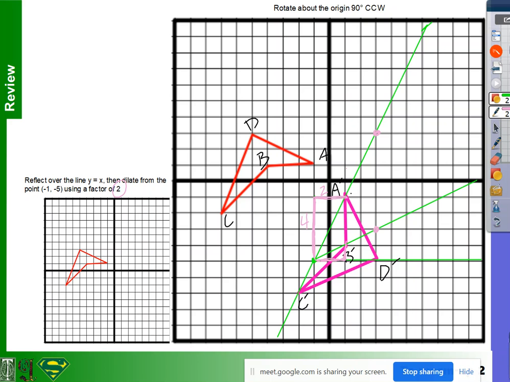How far away from the point of dilation is point D? And this is a horizontal line. It's not 5 over. It's how many? It's 4 over. 4 times 2 is 8.